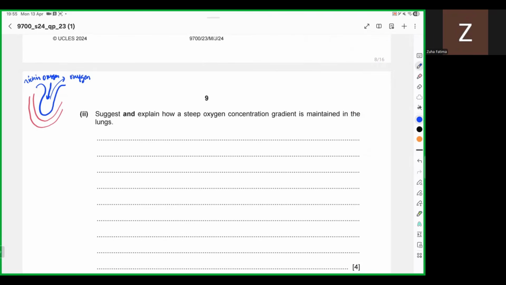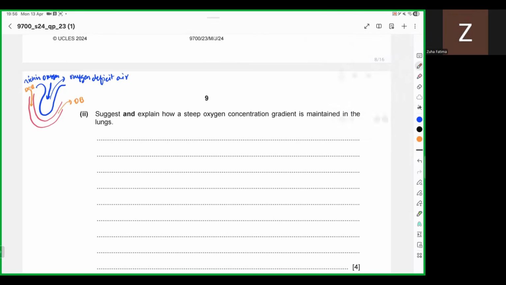So the air rich in oxygen is coming in, oxygen deficit air is moving out. Constantly deoxygenated blood is arriving and oxygenated blood is leaving. In this way a continuous concentration gradient is maintained for gas exchange to take place.